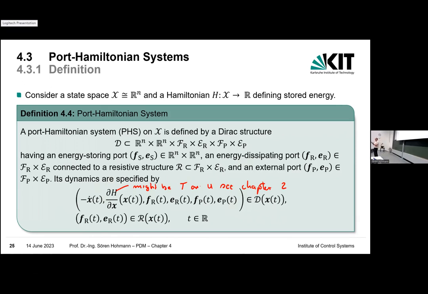It's like filtering out some of the variables. That's all. It's the subspace. So the dynamic system can be understood as living on a subspace, and this subspace is defined only by the energy routing elements. That's the definition, or that's the understanding behind it.